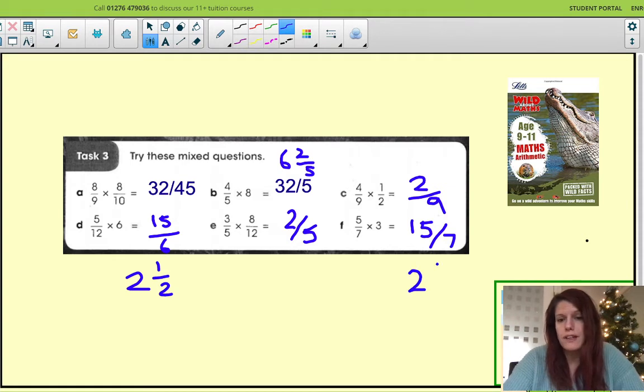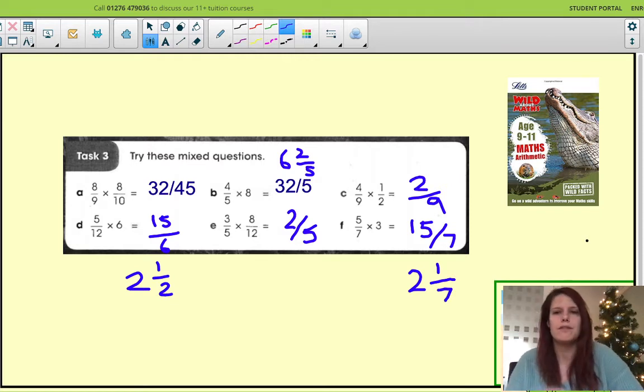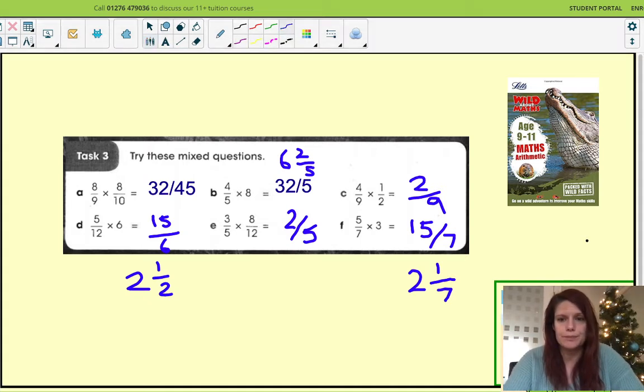Of course, 2 lots of 7 is 14, and then we've got 1 left over to make the 1/7 left. Hope that is making some sense to you. So fractions can be quite confusing, but then once you have the basic principles, they do become easier to understand.